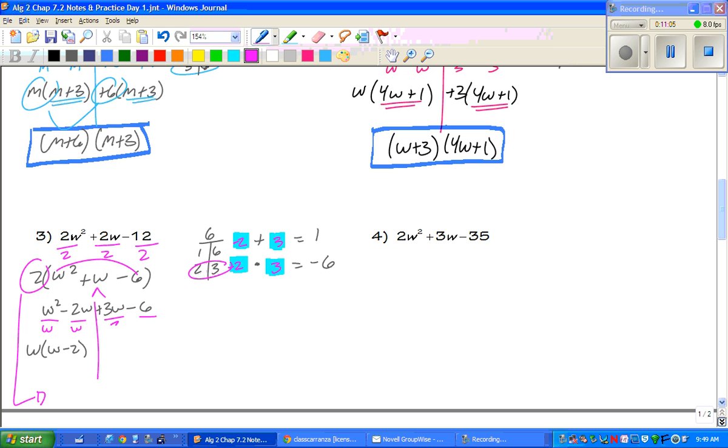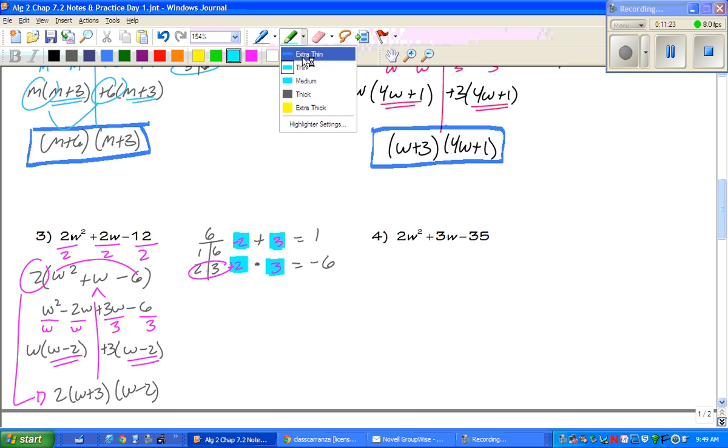And the GCF of the back is a 3. So it's a positive 3, and we're left with w minus 2, which is good, because that's just what we were looking for. W minus 2, w plus 3, and then don't forget about the 2.